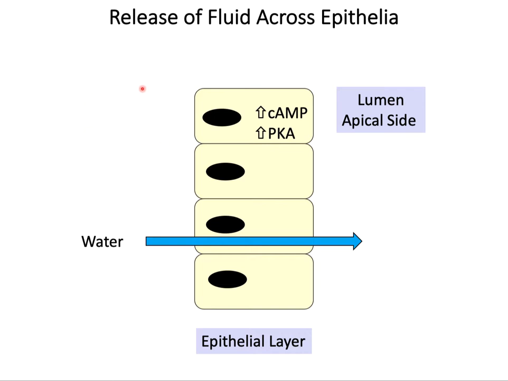So not shown in the diagram, but you have the binding of some signaling molecule to the cell surface receptor, activation of the stimulatory G protein, activation of adenylyl cyclase, and then finally shown in the slide is the accumulation of the cAMP, then the activation of the PKA, and the final outcome is the flow of water across the epithelia. So how does this flow of water occur?